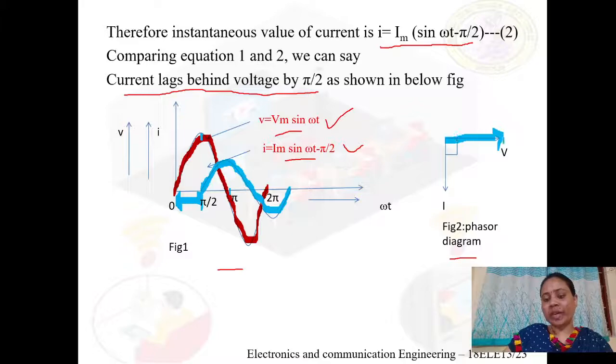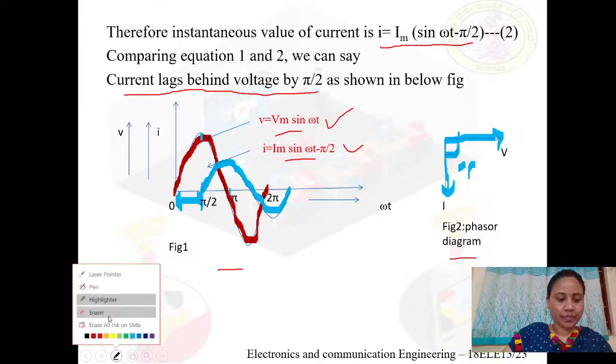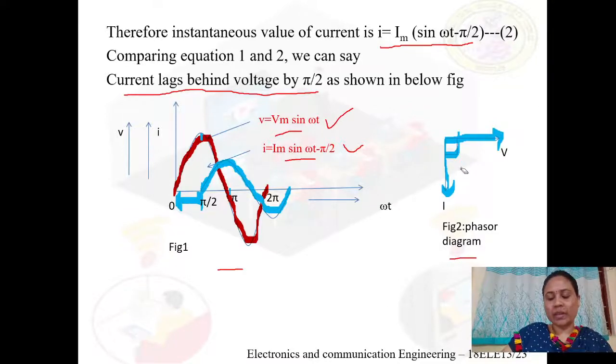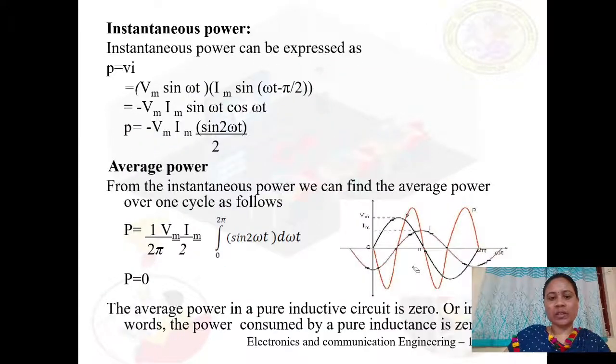And since the current lags by minus 90 degree, we have to show a minus 90 degree phase shift between V and I. Therefore we will represent the vector for I vertically downwards with a phase difference of minus 90 degree, or minus pi by 2. Okay, so this is the voltage and current relationship for the circuit having a pure inductive component.